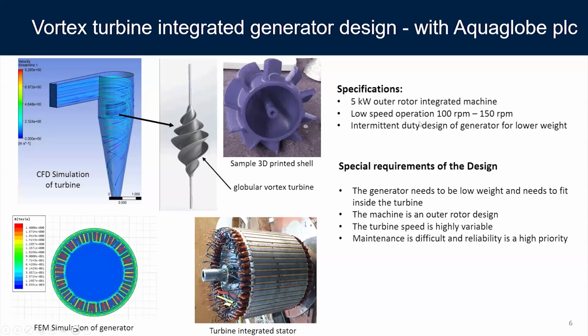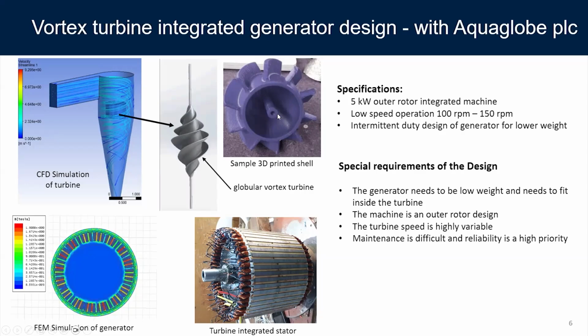So that's one application, and this is the stator we designed for it. The generator itself is also not a conventional generator. It's an outer rotor type generator where you have the stator in the middle of the structure, and the rotor is on the periphery, the outer turbine. The magnets are placed on the outer periphery, on the inside of the turbine, and the stator sits in the middle.